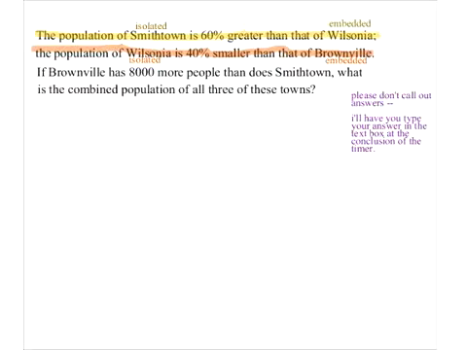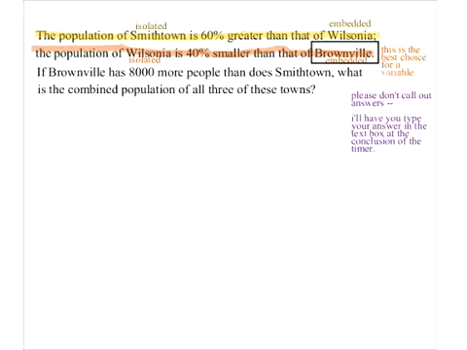So Brownville is the best choice for a variable. Give me a smiley face if you understand what I'm talking about here. It's just an extension of what we saw on the last slide, and it looks like all of you understood the last slide really well. So this is the best choice for a variable.